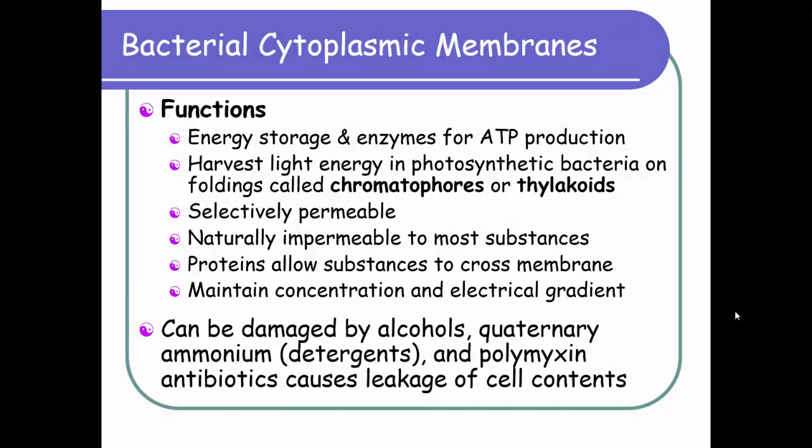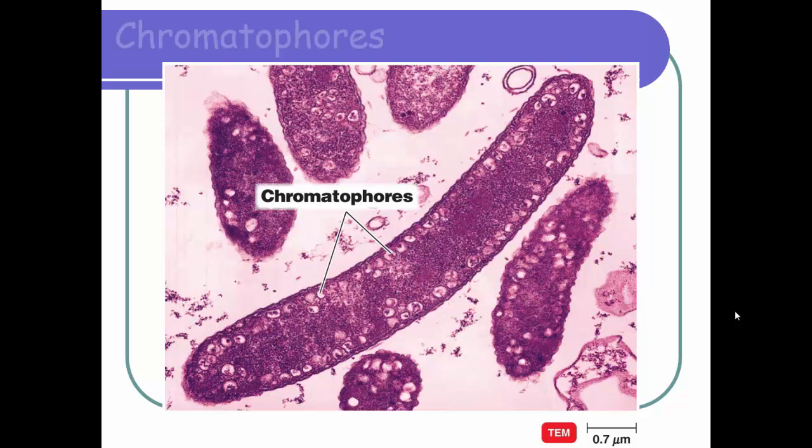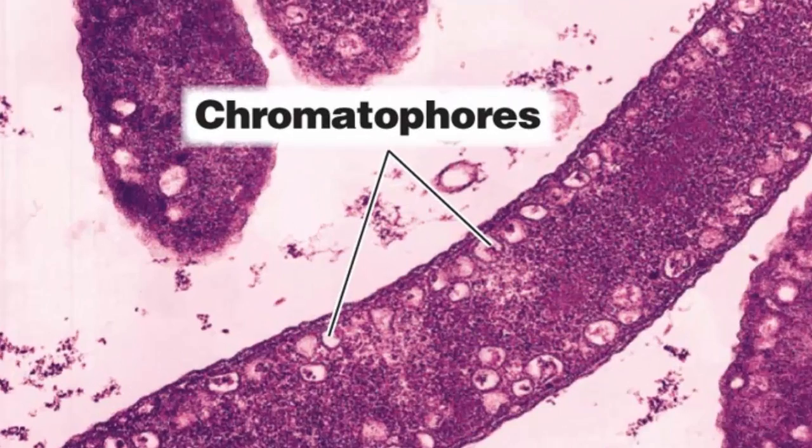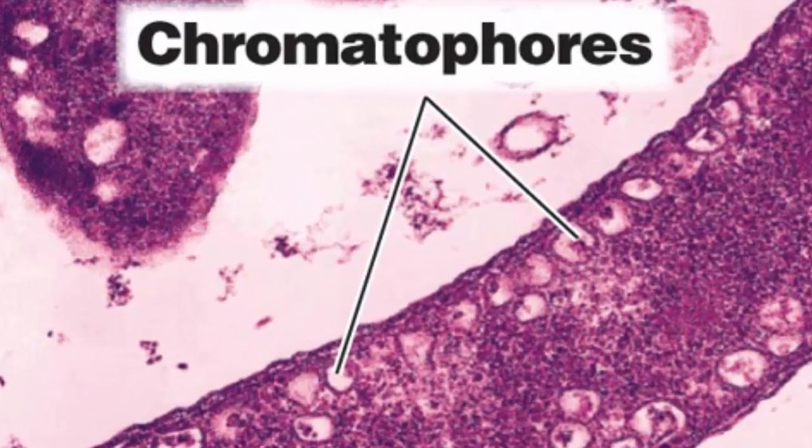Cell membranes can be damaged by alcohols, quaternary ammoniums, which are found in most detergents, and polymyxin antibiotics. All of these will damage the cell membrane and cause leakage of the cell content. This photograph shows the chromatophores on one of our purple bacteria that actually uses photosynthesis for energy production.